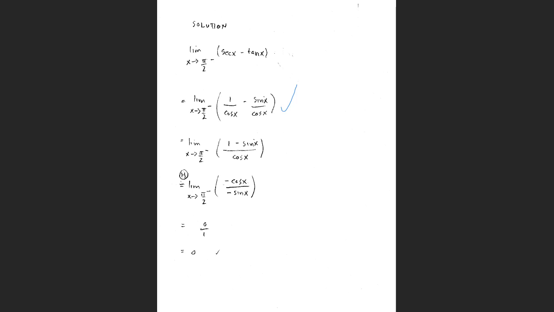Okay, so now we have 1 over cosine of x minus sine of x over cosine of x. They have the same denominator, so we can write that expression as 1 minus the sine of x over cosine of x.